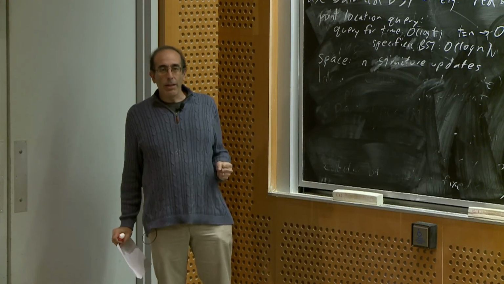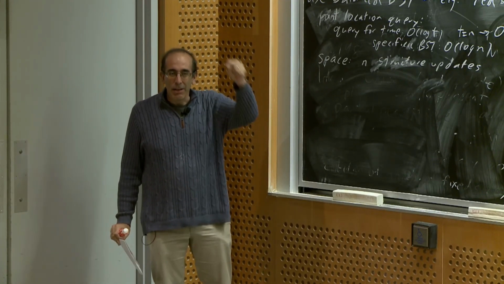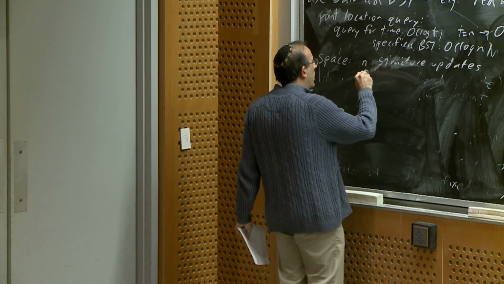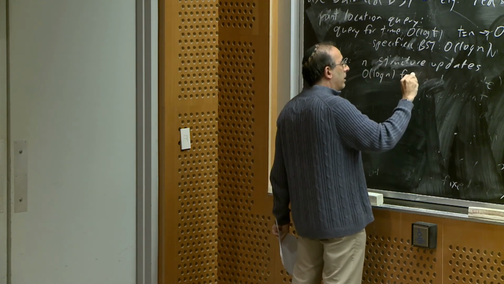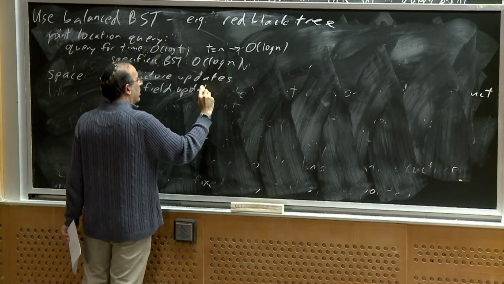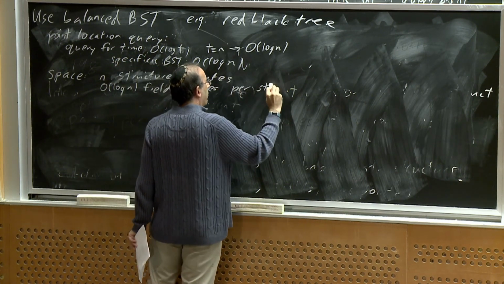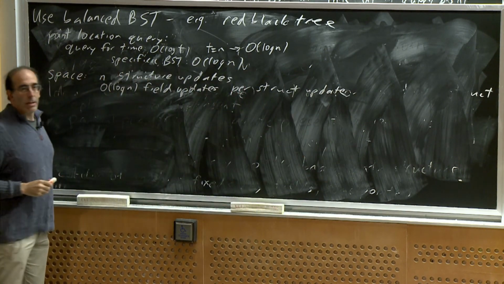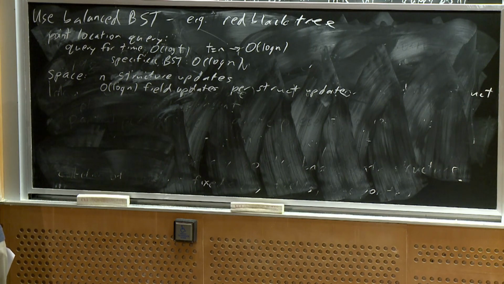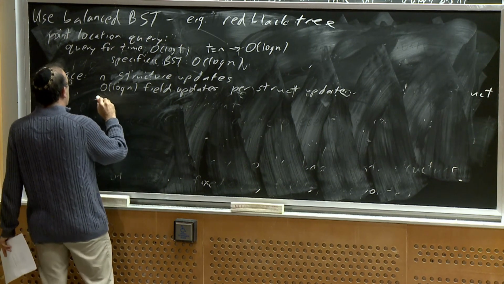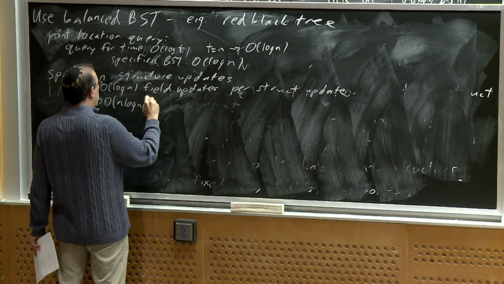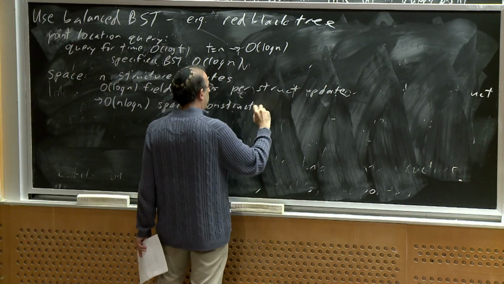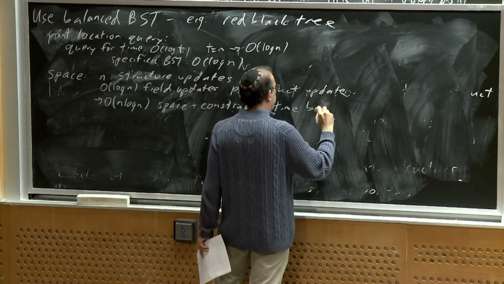And we just said, it's a balanced search tree, so you just update nodes on the path to the insertion or deletion. So there are order log n field updates per structure update. And each of those field updates costs order 1 space and also order 1 time during construction. So this would give us an order n log n space and construction time bound.